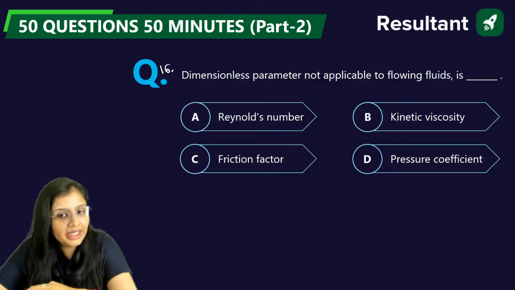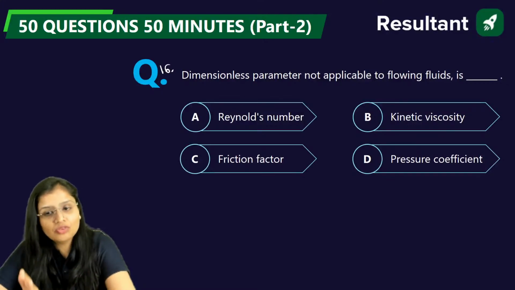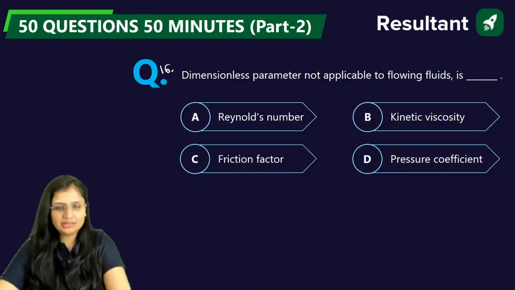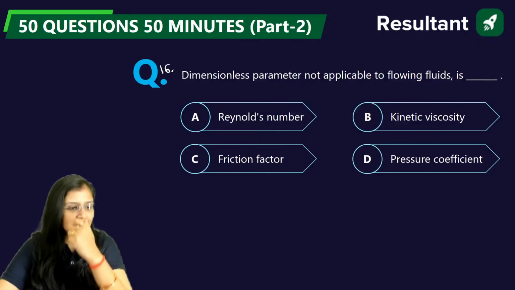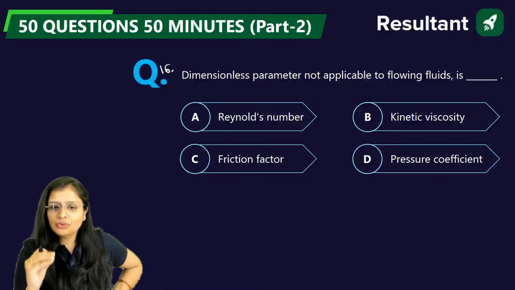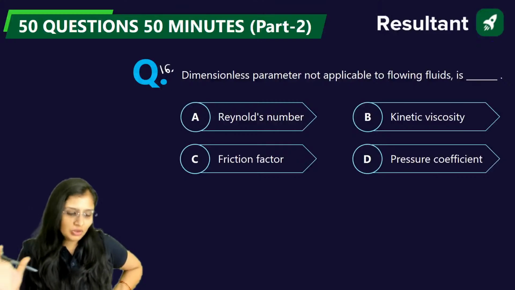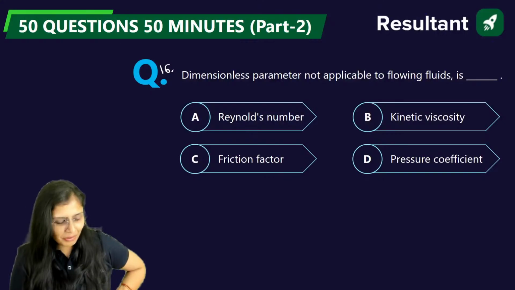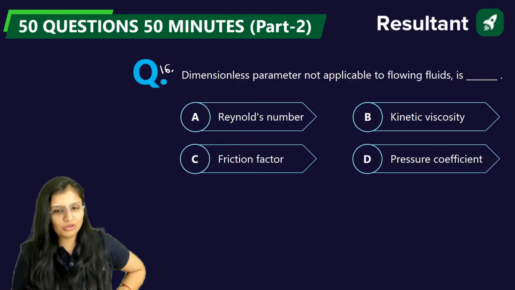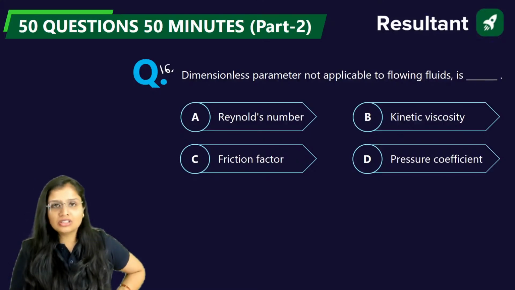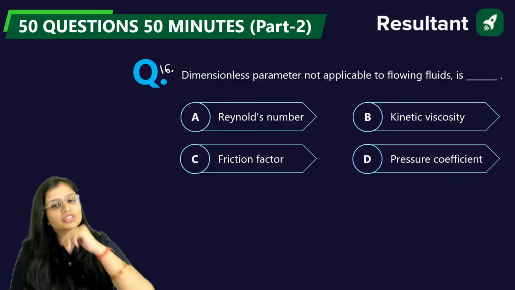Question number 16. Dimensionless parameter not applicable to flowing fluids. Generally in normal day-to-day language you call it unitless, but we don't call it unitless, we call it dimensionless. So dimensionless parameters which have no use in flowing fluids. Reynolds number is the ratio of inertia force to viscous force.